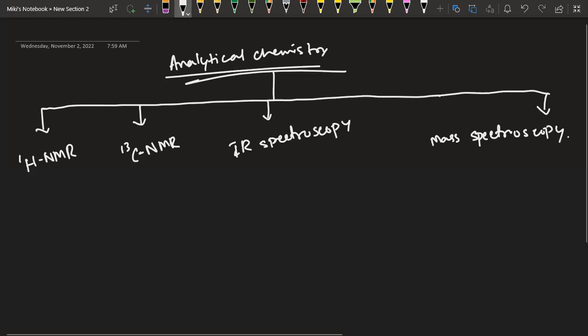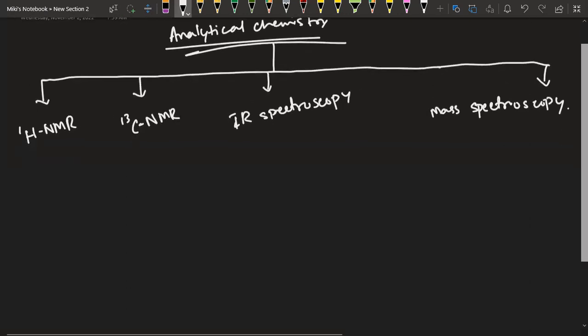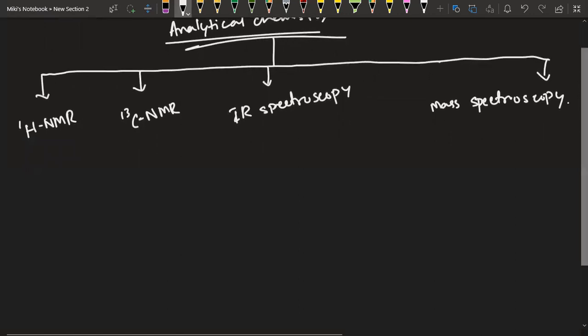Okay, so these are the 4 categories in analytical chemistry we will be observing in detail. One of them we did see in our AS, where one of the analytical techniques was followed in detail. So no worries, we will be observing them in this portion as well. Inshallah, everything will be covered.